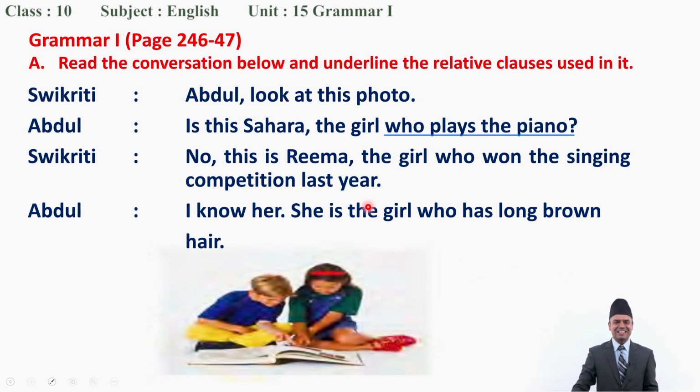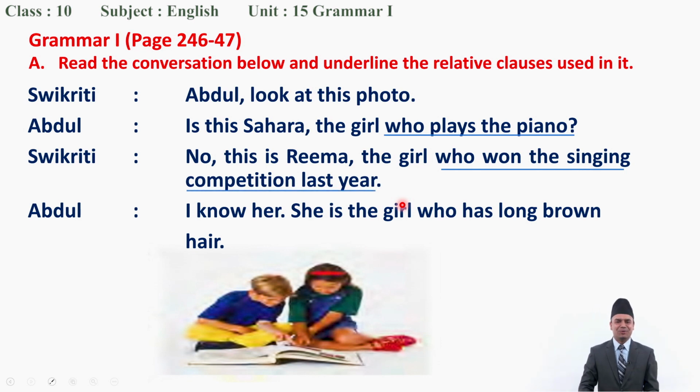Let's see the third line in the dialogue: "No, this is Rima, the girl who won the singing competition last year." Please try this one. What is the relative clause here? Can you recognize and underline it? Yes, very good.